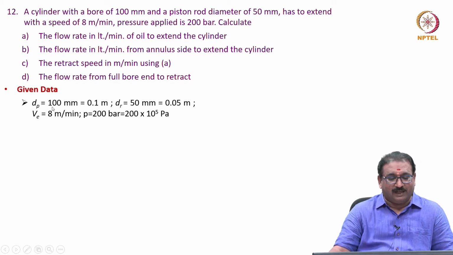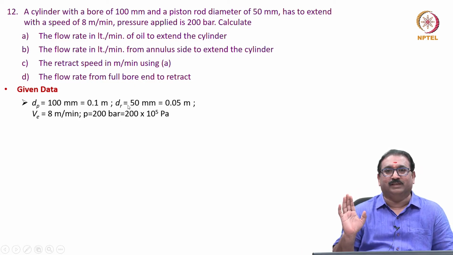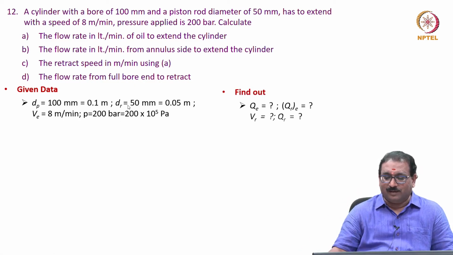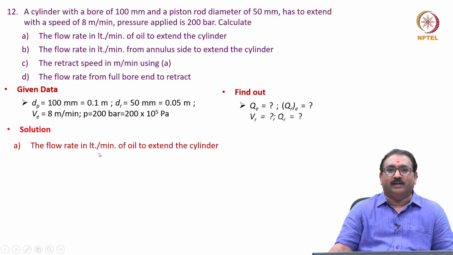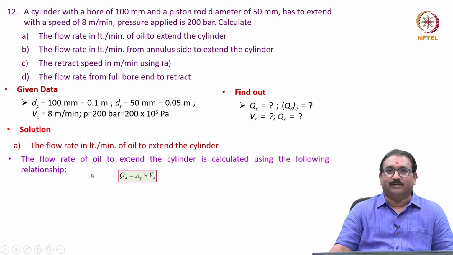Now the given data: dP is given, dr is given, VE is given, P is given. Convert into the same SI units, easy for you. Then you have to find QE, QR during extension, VR and QR. Solution. The flow rate in liters per minute of oil to extend the cylinder, how to do it?